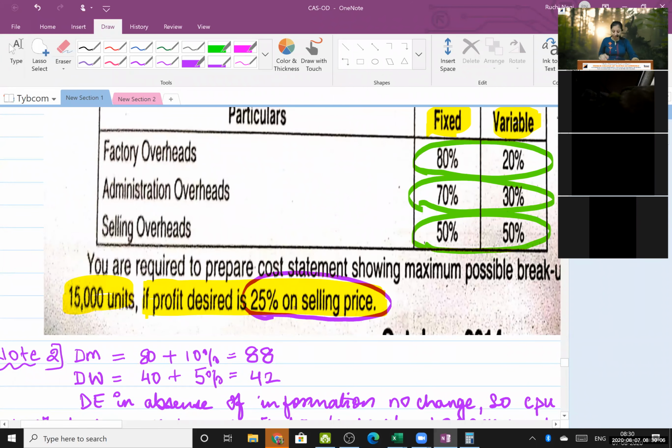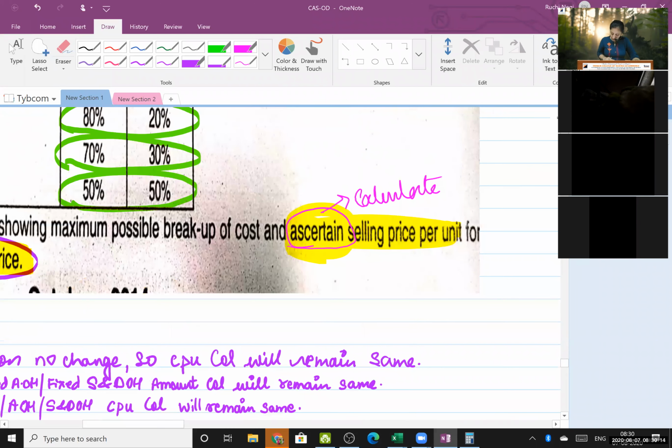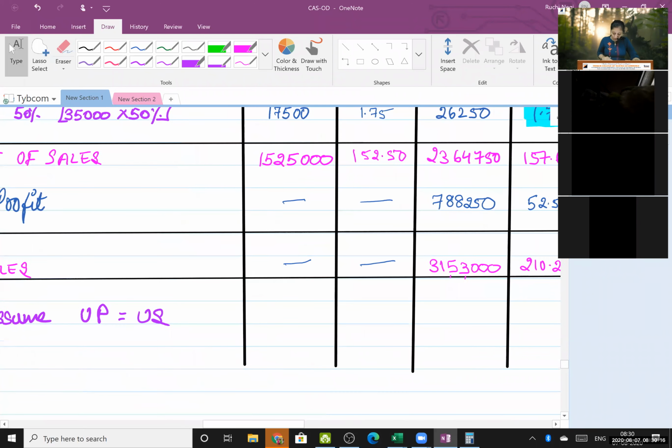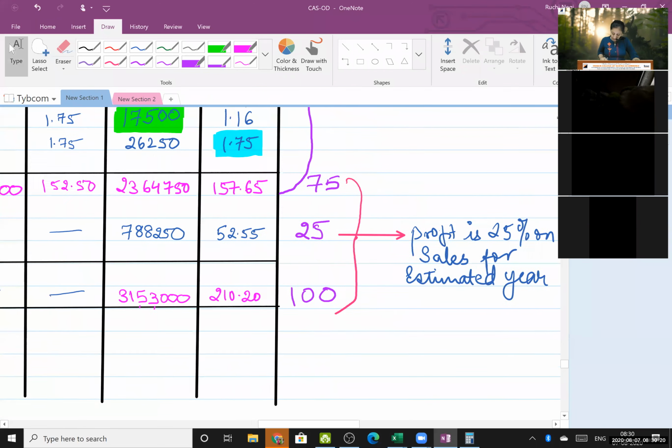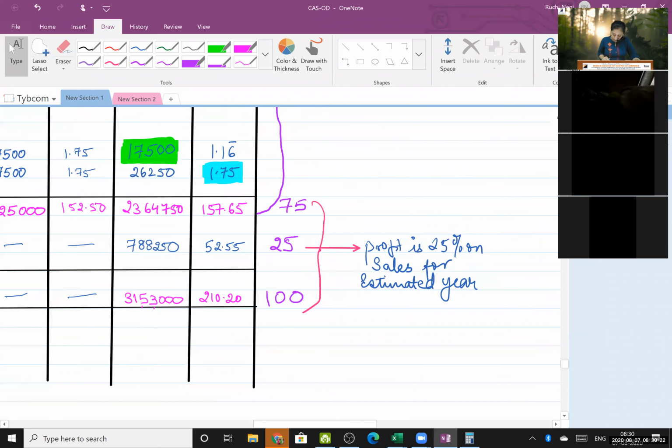Okay, this information is there. But this information is for 15,000 units. That is for the estimated year, not for the current year. Okay, so this will go blank. And then here you can take it like this. See, this one. So cross multiply, you will get the answer.